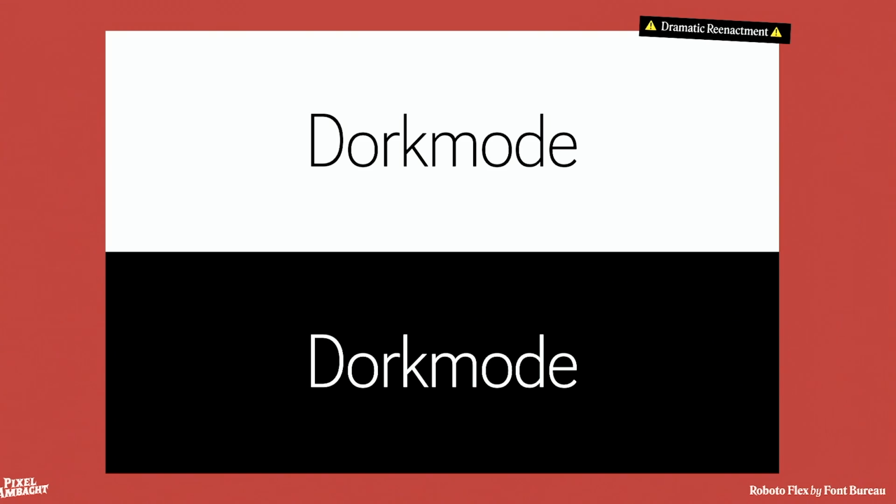A similar thing that variable fonts can do is help out with dark mode. And this is a dramatic reenactment. I didn't know how this would look on the big screen, but usually when you put white type on a dark surface, that will look a little bit bolder. And you want to bump down that boldness a little bit, but if you would do that with actual font weight, it would reflow the page probably, because maybe now some lines wouldn't fit anymore, and then they go to a new line.